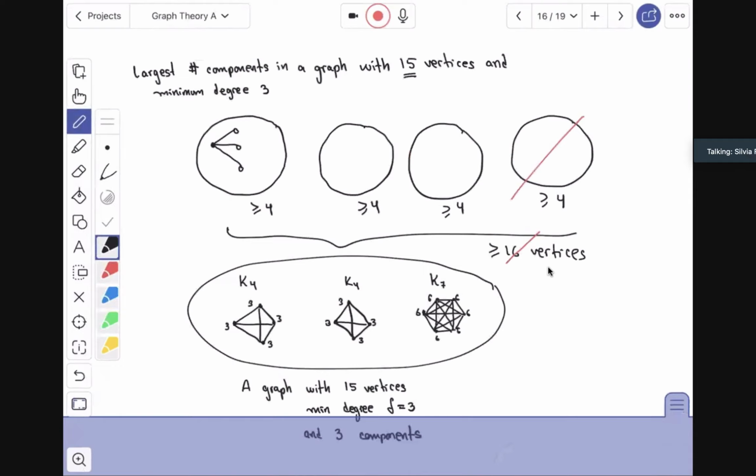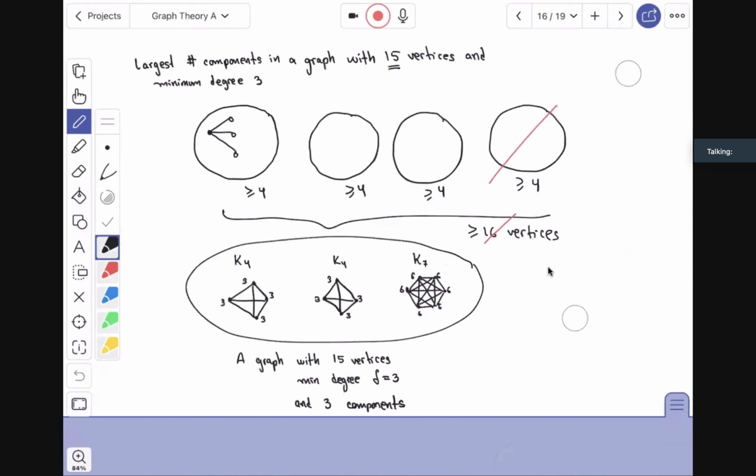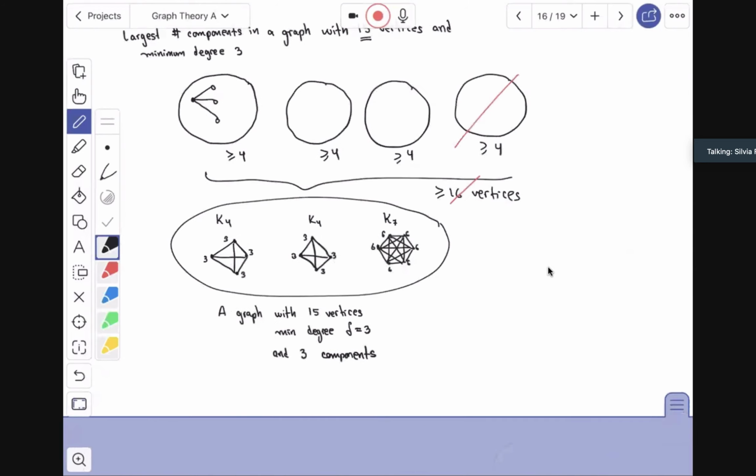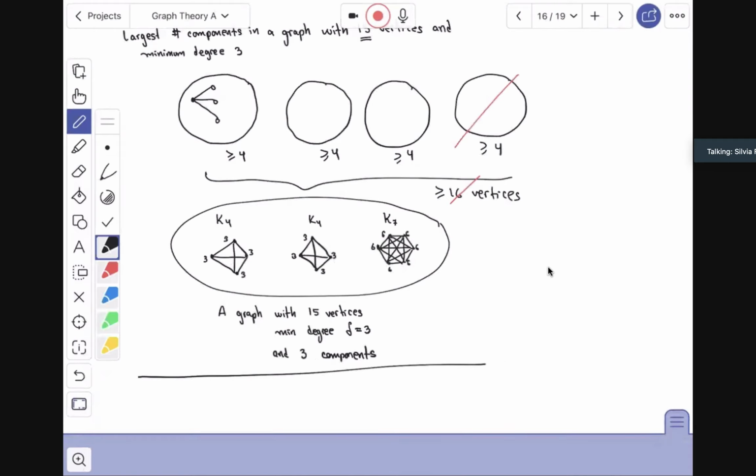Any other questions? Oh yeah, the sum of the degrees, right? I said we'll go to that other question. So twice the number of edges equals the sum of the degrees of the vertices, right? And we know that each degree is at least 3.